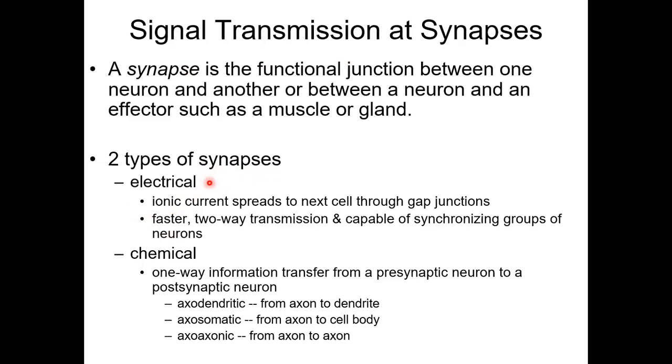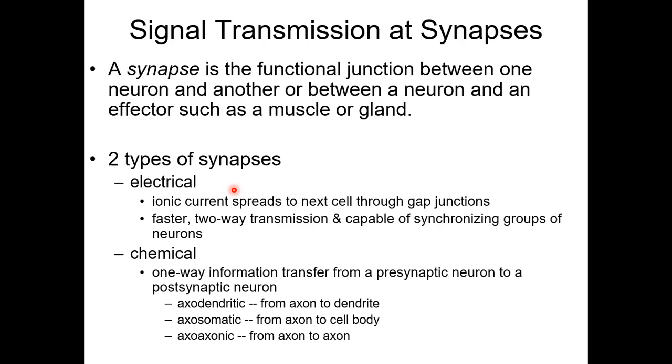The electrical synapses allow the action potential, the nerve impulse, to continue directly onto another neuron by allowing ionic flow from one neuron to another. This requires a physical connection between the 2 cell membranes of the 2 cells, and a gap junction allows this to do.